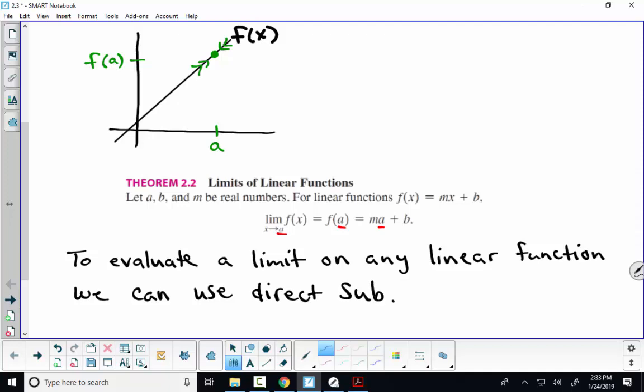The direct substitution does evaluate those limits for us.